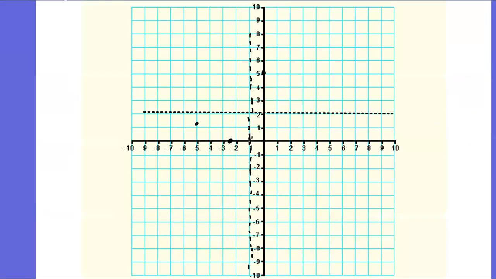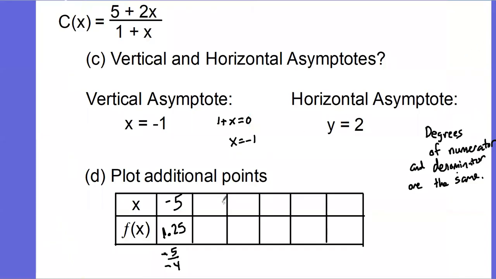So next, let's find out what's happening in between this x-intercept and this vertical asymptote. So you can plug in -2, or if you want to get closer, you go -1.5. I'm just going to go with -2 here. So let's plug in -2 for x and run that through. 2 times -2 would be -4. -4 plus 5 would be 1.